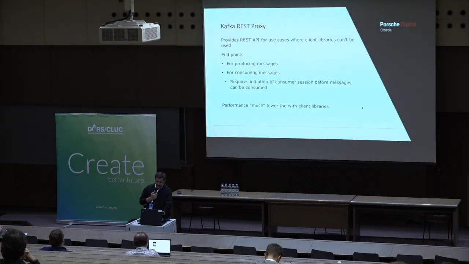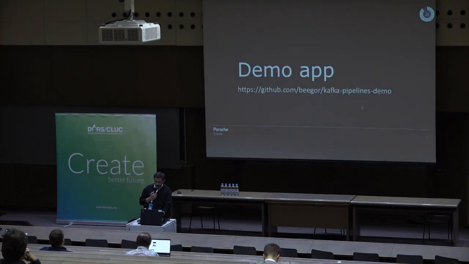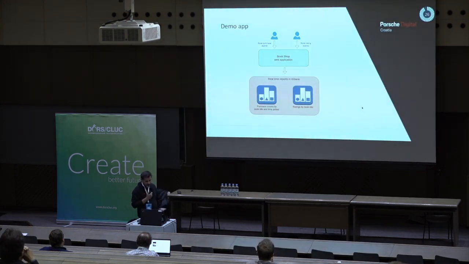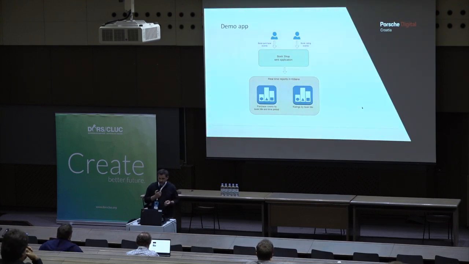Yeah, so everything on this slide I already told you. To demonstrate how all these components are used, I have a little application. The idea is that we are building a bookshop web application that has basic functionality like purchasing books and rating books.